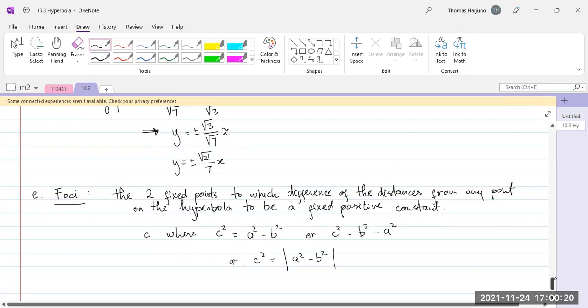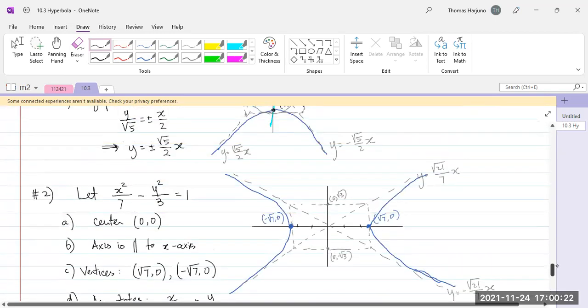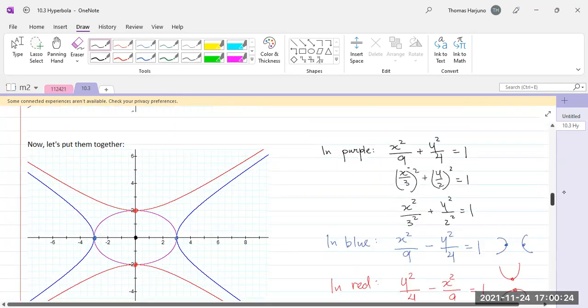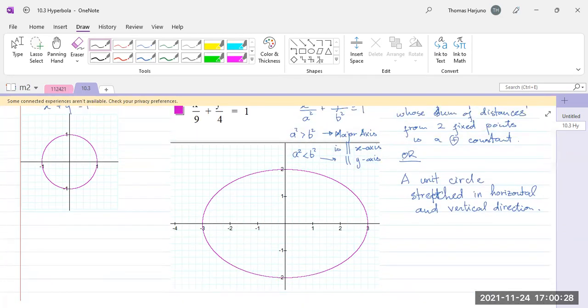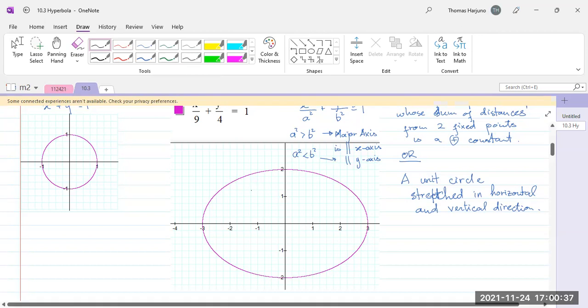Now, if we look back to the pictures from the very beginning, actually, I think I wrote it wrong. Yeah, I wrote it wrong. So the foci are here, right? These are the foci here.